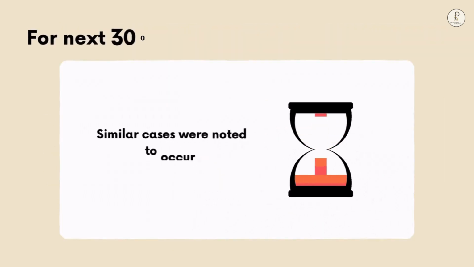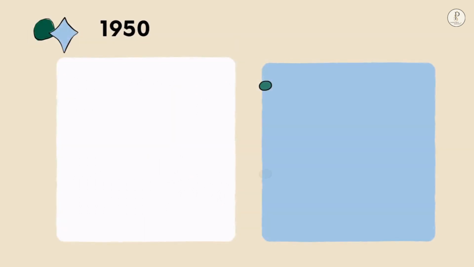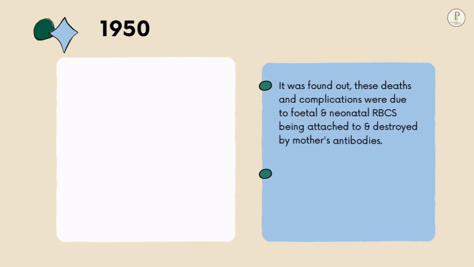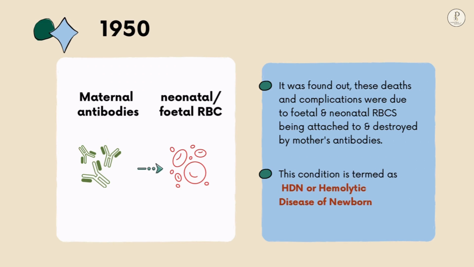For the next 300 years, similar cases were noted throughout the world. In 1950, it was found that all these deaths and complications were due to fetal and neonatal RBCs being attacked and destroyed by the mother's antibodies. This condition was termed HDN, or hemolytic disease of the newborn.